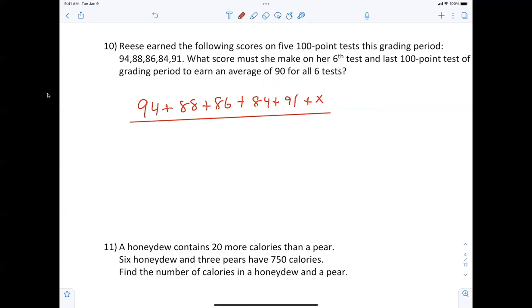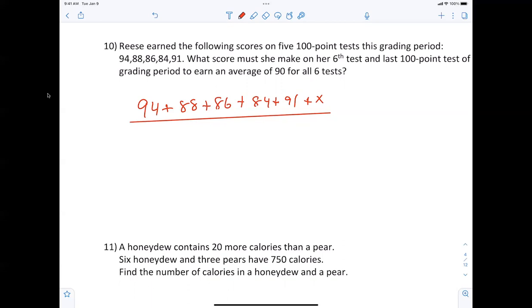Did I not add those up? 94 plus 88. How do you find the average? Yeah, we're adding them up.